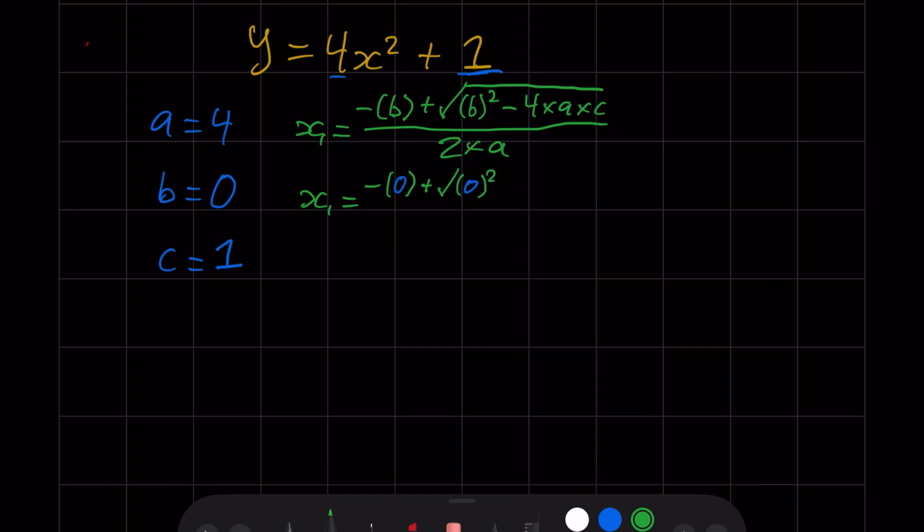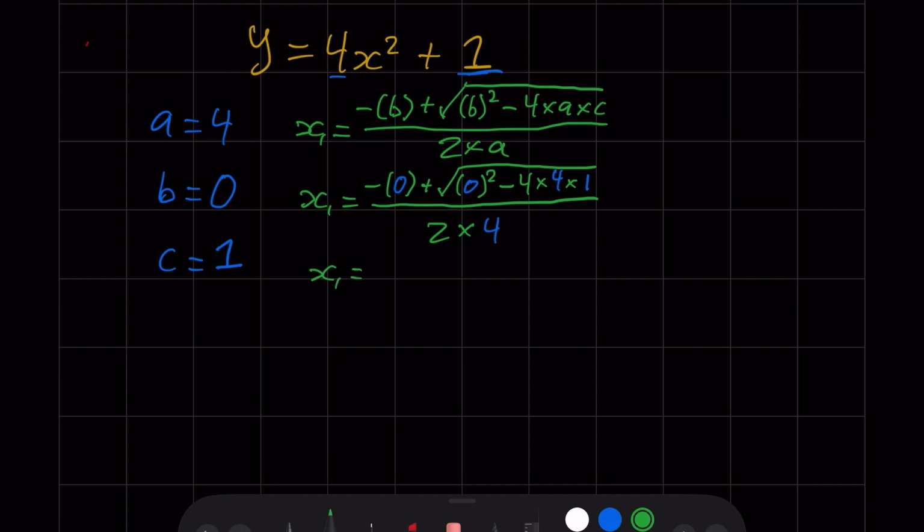Again, it's okay. Minus 4 times 4 times 1. All of that is in the square root, and then we divide everything by 2 times a, which is 4, and we see what this equals.